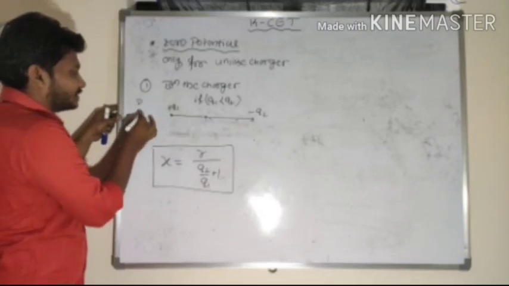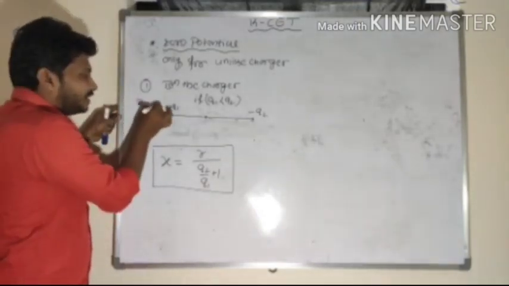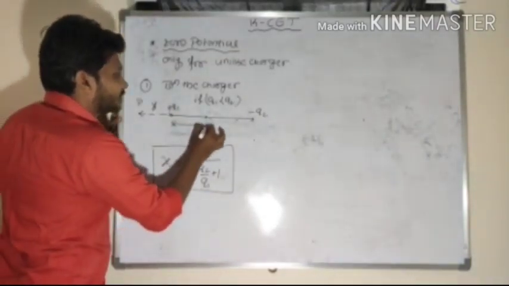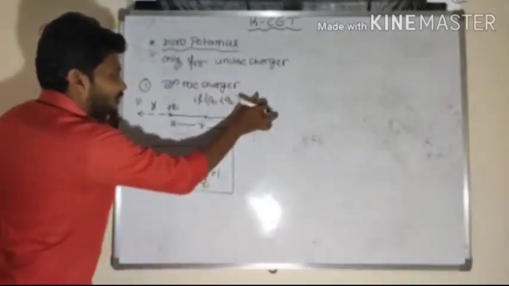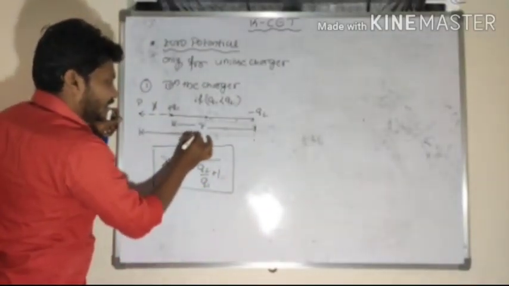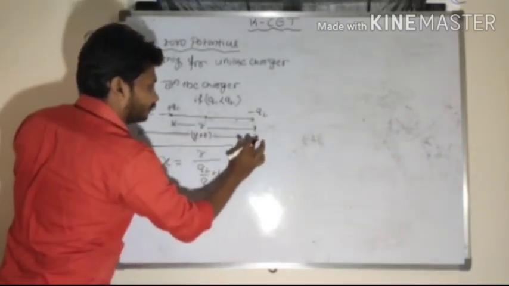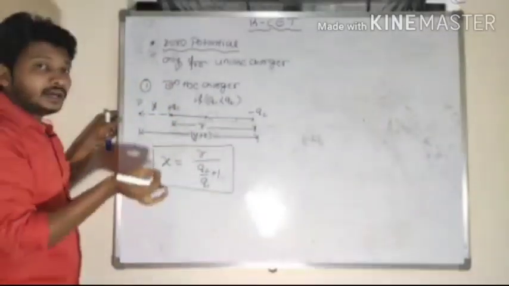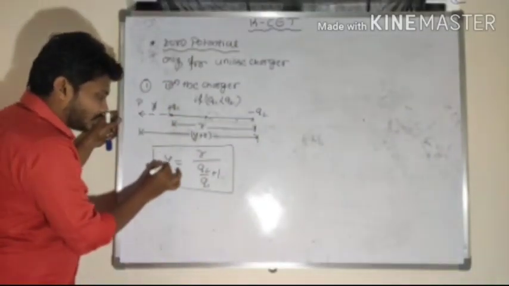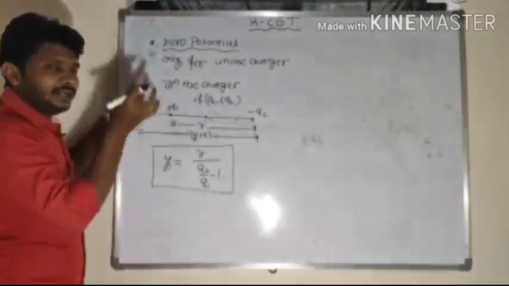For example, this is point P, at a distance of y from the charge Q1. The distance between the charges is r, so from charge Q2 to point P the distance is r plus y. Then y is equal to r divided by Q2 by Q1 minus 1.